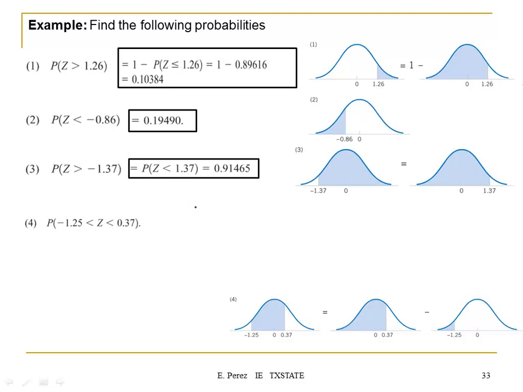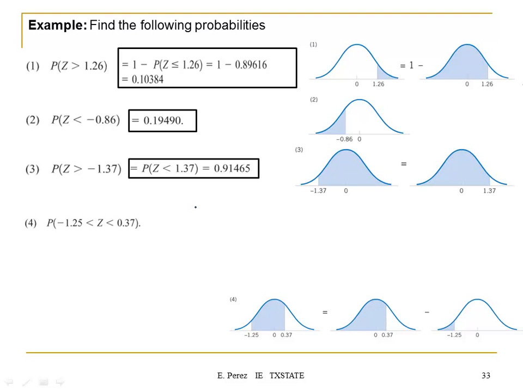Okay. Let's look at this one. This is the probability for within this range, negative 1.25 and 0.37. So this is the area from negative 1.25 to 0.37.